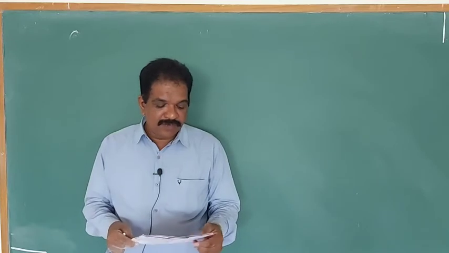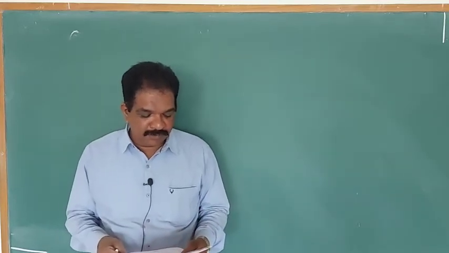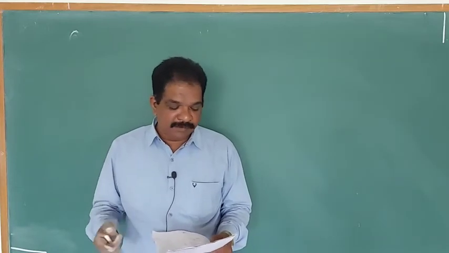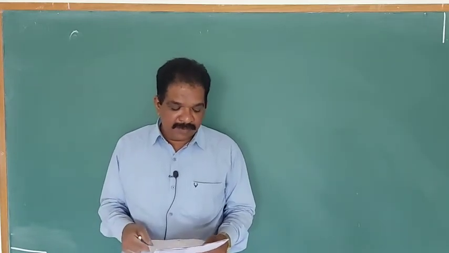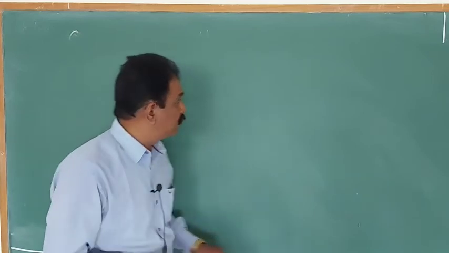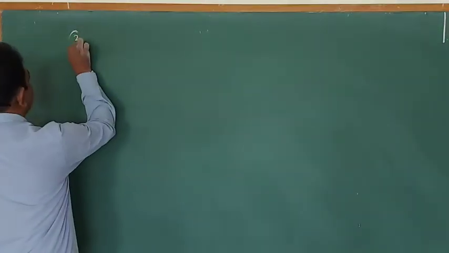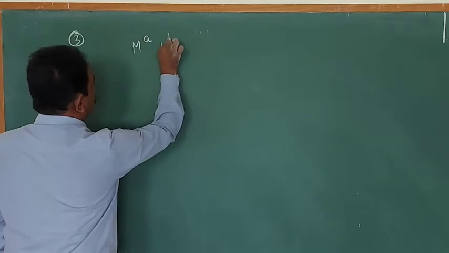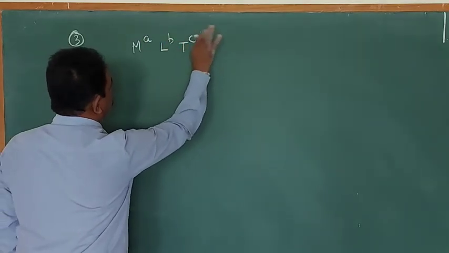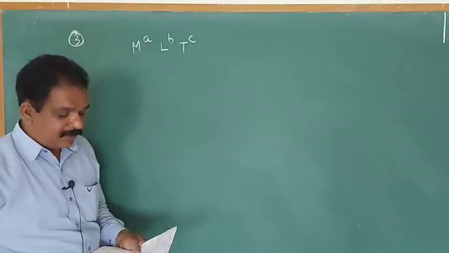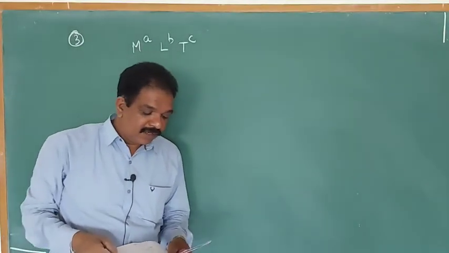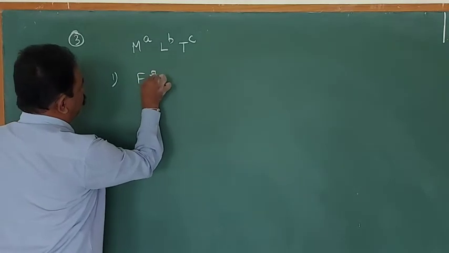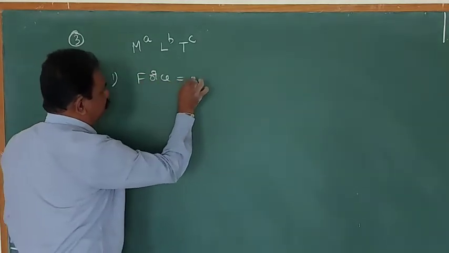Next, third question, you see, a simple question only. The dimensional formula of a physical quantity is M power a, L power b, T power c. One physical quantity is there, and its dimensional formula will be M power a, L power b, T power c. That is its dimensions. Then the physical quantity is force. For force, what is the dimensional formula?